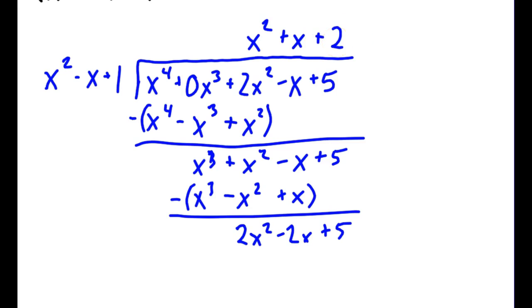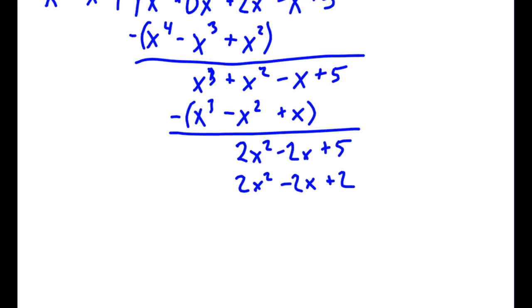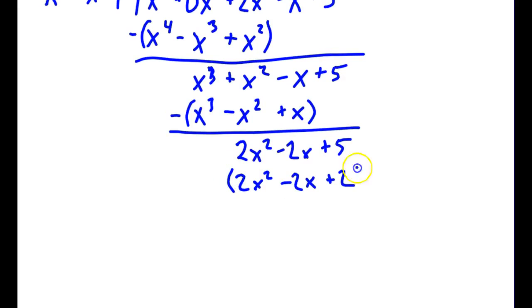So now I take my 2 times x squared, I get 2x squared. 2 times negative x is minus 2x, and then 2 times 1 is plus 2. Again, put parentheses because we're subtracting this whole quantity. 2x squared minus 2x squared is 0.